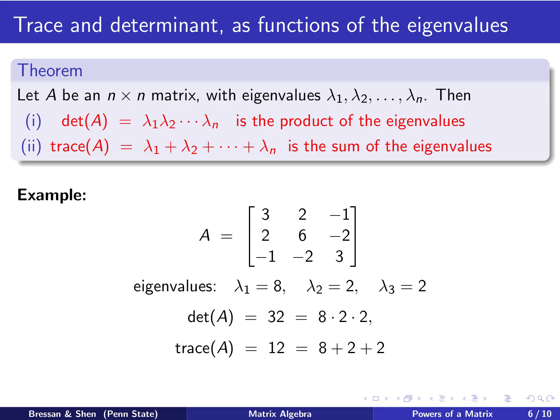We can take a simple example where A is a 3 by 3 matrix like this. So we can carry out our computation and find out the eigenvalues. You will find that lambda 1 is 8, lambda 2 is 2, and lambda 3 is 2.